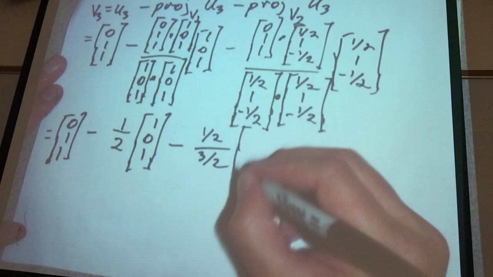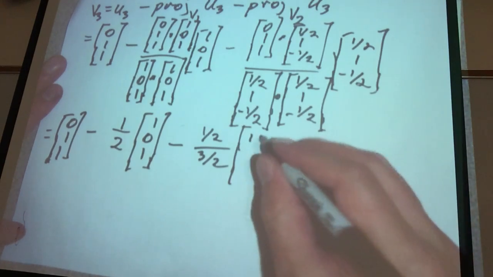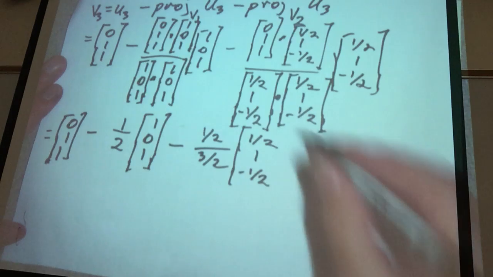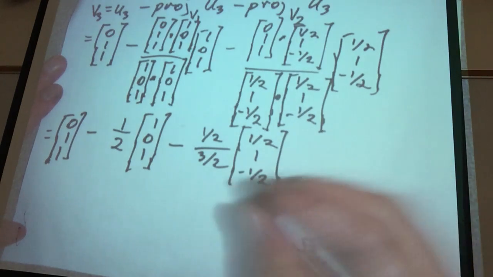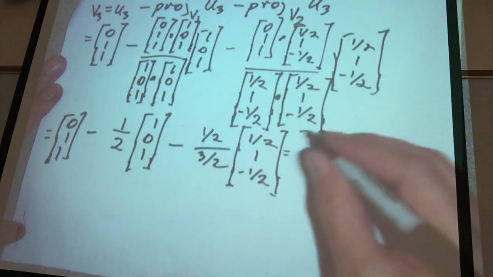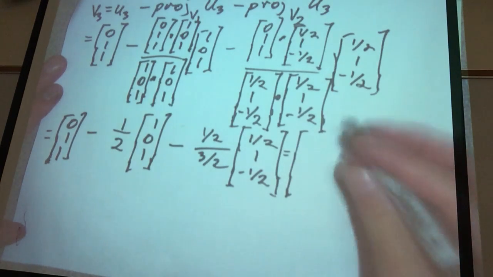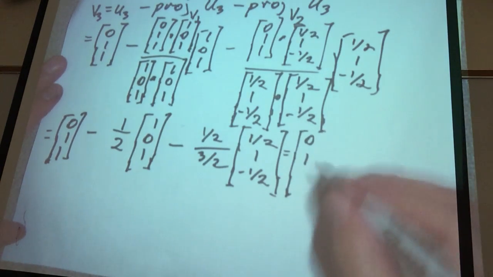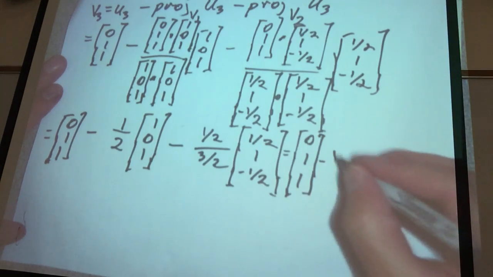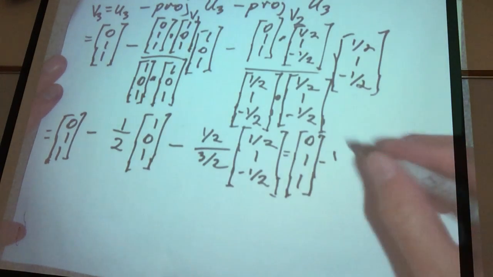And then that's not going to change: 1 half, 1, and negative 1 half. So that would become 0, 1, 1, and then minus, let's put it like this.